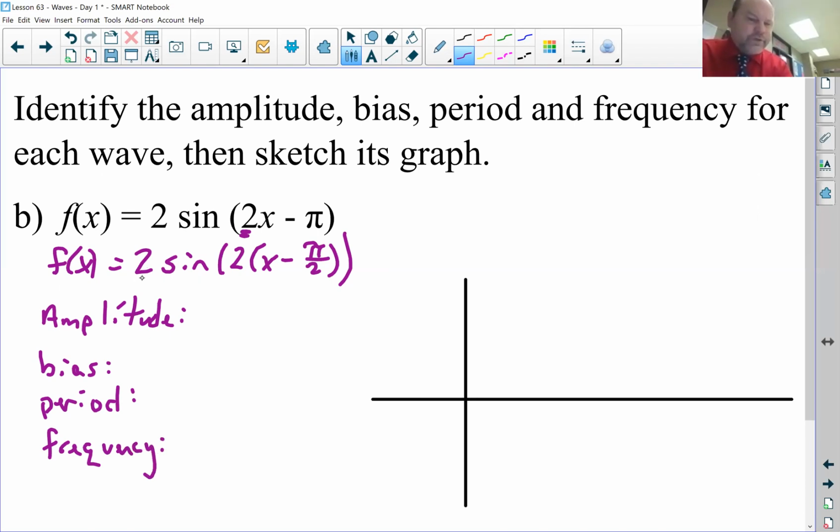Again, amplitude, absolute value of this number that's out front. Bias, there's nothing added on the outside. Frequency, I guess I used a lot of 2s in this case for frequency. And when the frequency is 2, the period is pi. We have a phase shift of pi over 2 to the right.